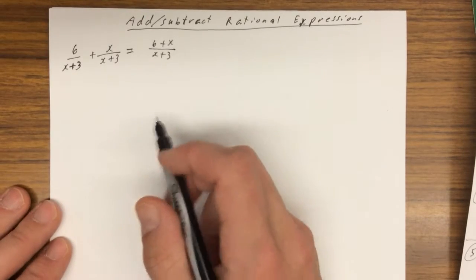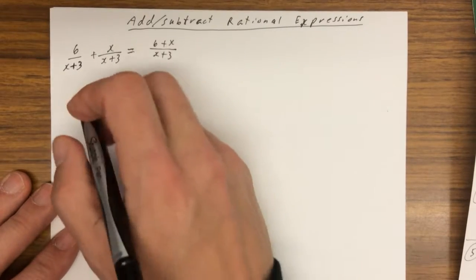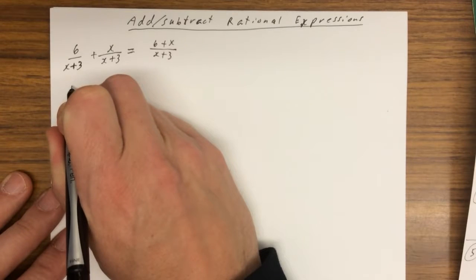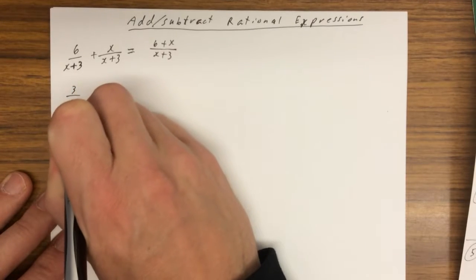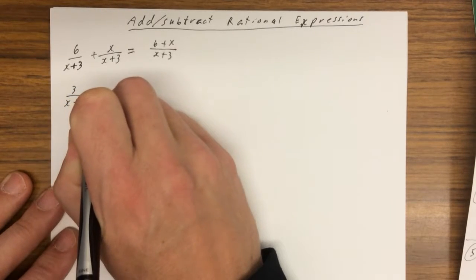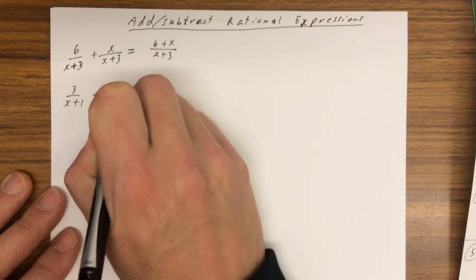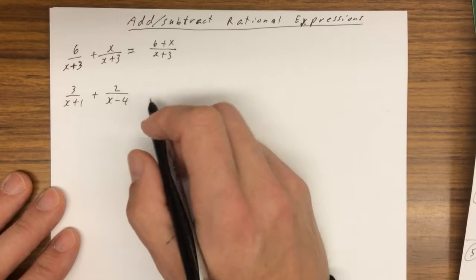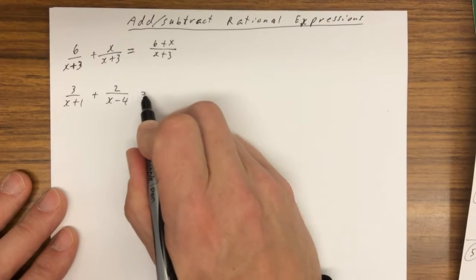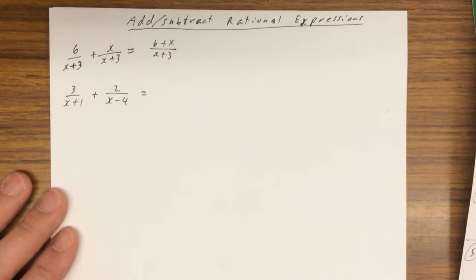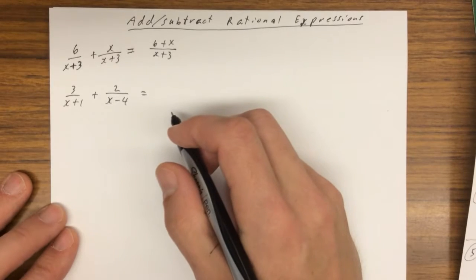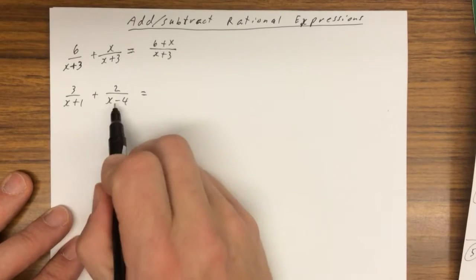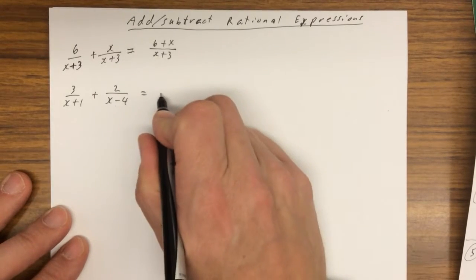Okay. Now, what if we didn't have a common denominator like this one, 3 over x plus 1 plus 2 over x minus 4? Well, in this case, because one is not a factor of the other, then we're going to have to multiply these two to get a common denominator.